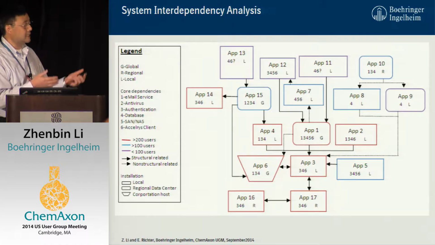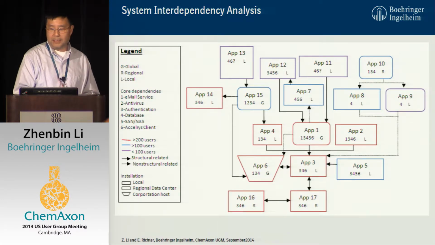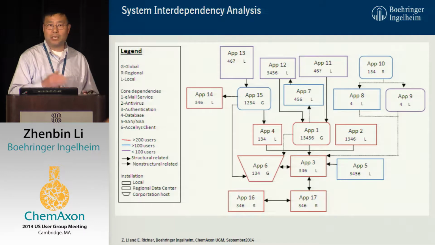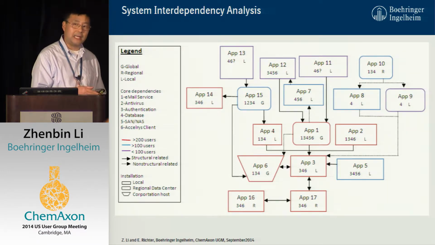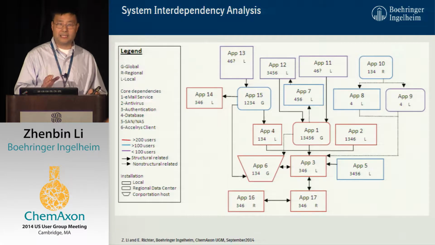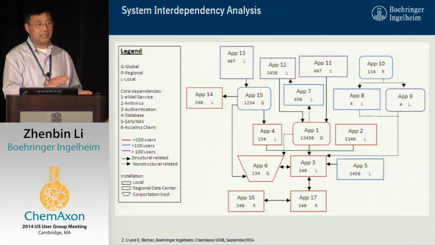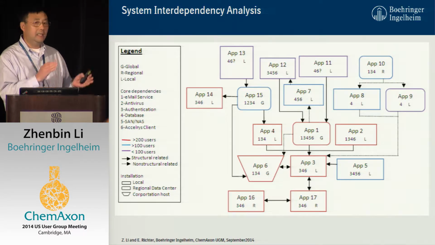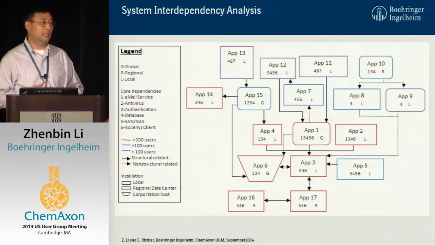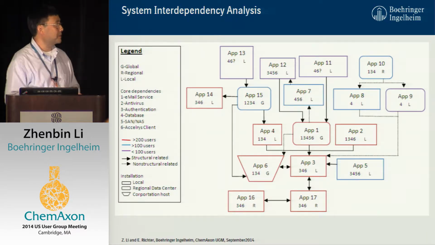Of course, this is just to give you examples. One of the key messages here is that when you do this kind of analysis, make sure you understand how data is transferred between systems or applications. Are they structure related or non-structure related? Try to distinguish these two concepts.